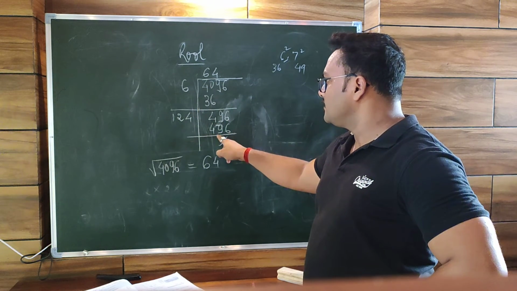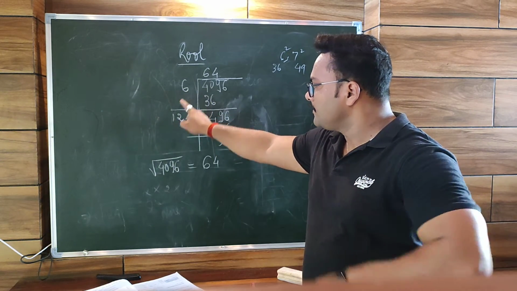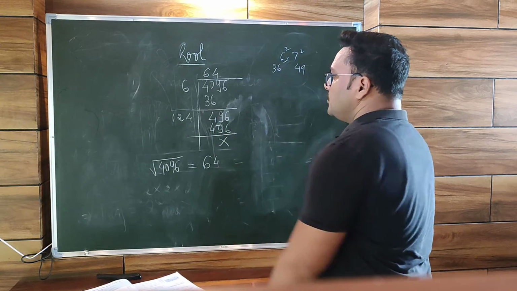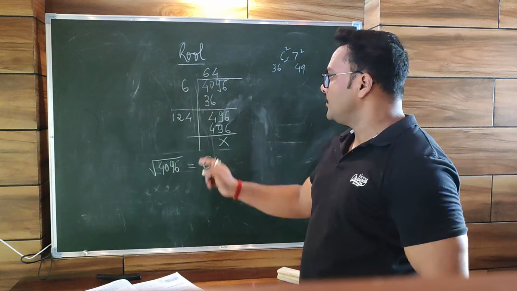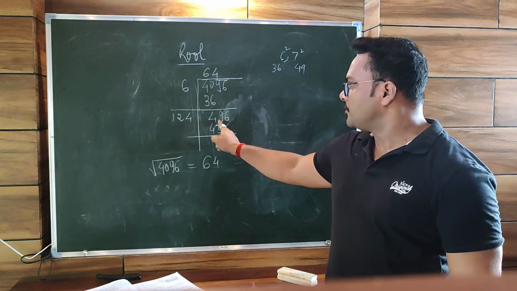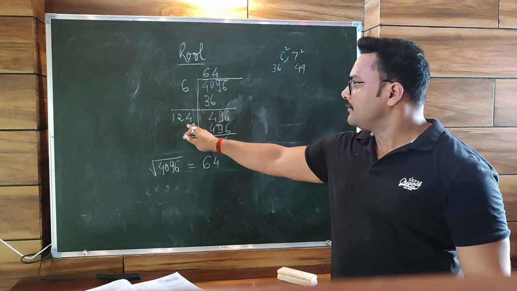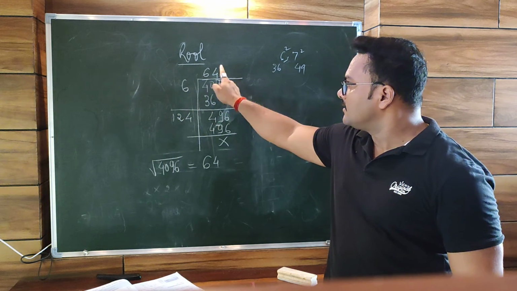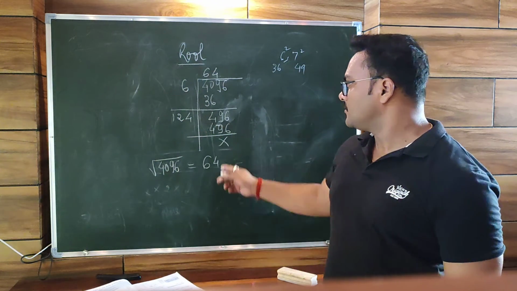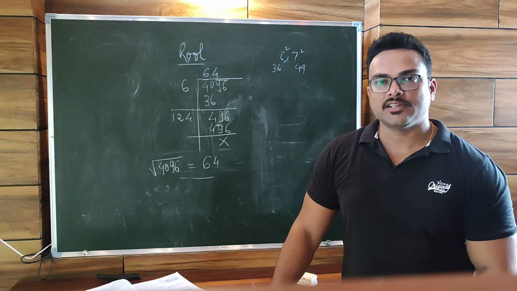Then we subtracted, and we double that 6 in the second step. 6 doubled means 12, and for whatever number is left, you have to see how much you get by dividing by 12. 12 fours are 48, it is 49, so around that we are getting 4. Whatever you write here, the same number you have to write here. So 124 times 4 is 496, which we have got, and the root of 4096 is equal to 64.